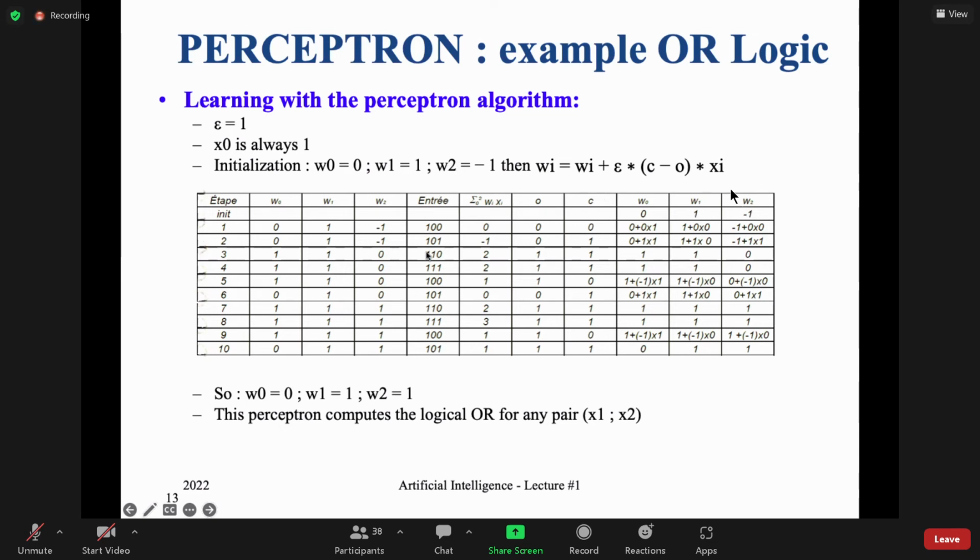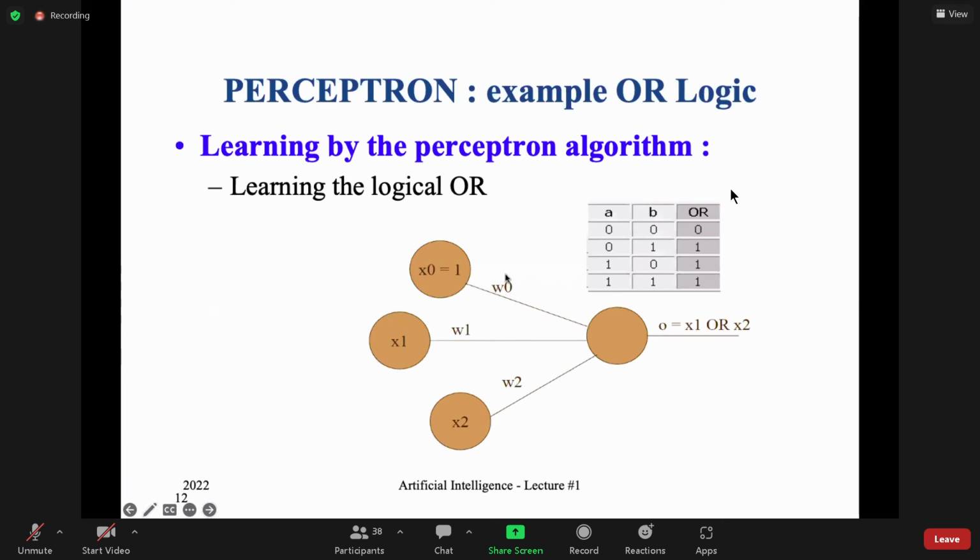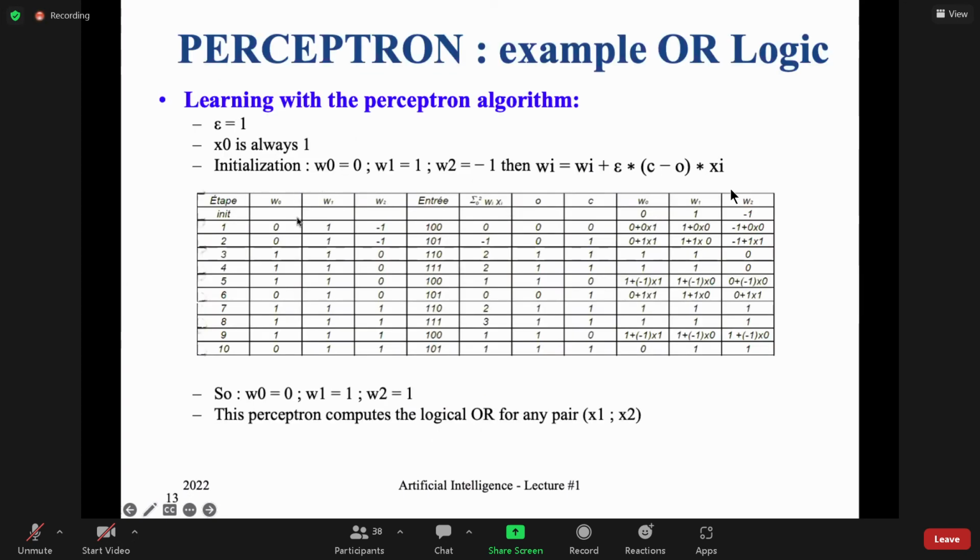Okay, so on the input, as I explained before, I have 1 here. X1, for example, is this one, and X2 corresponds to the B input. Okay, that is what I have here. So the first combination that I have on the input is 1, 0, 0. It means that I now have to calculate the corresponding output.